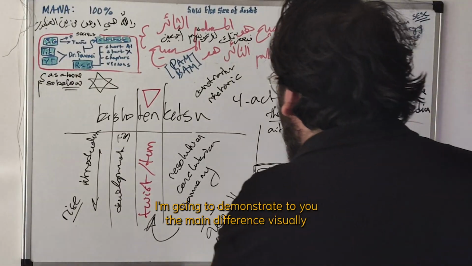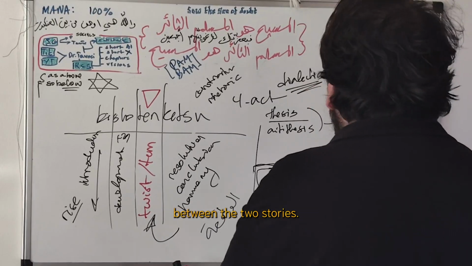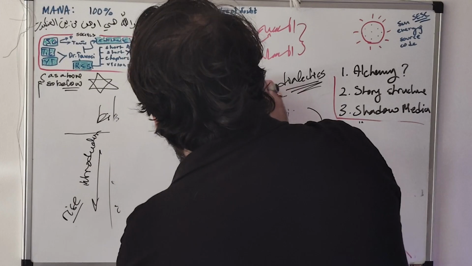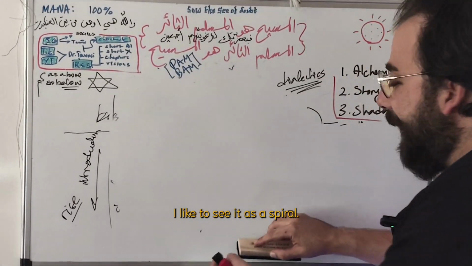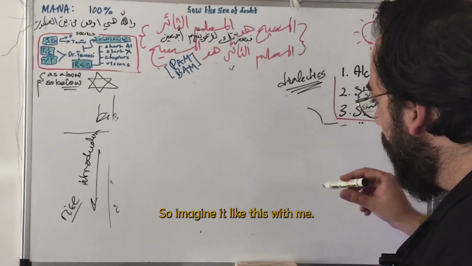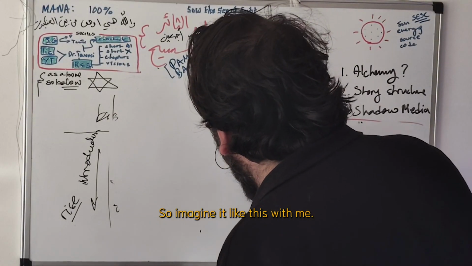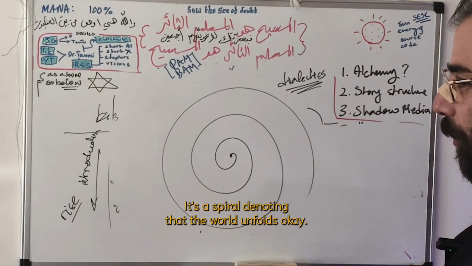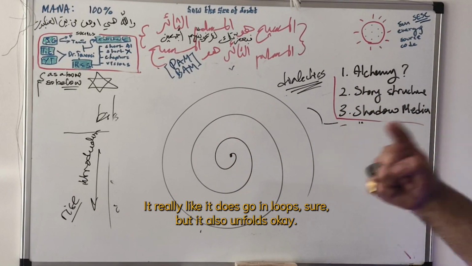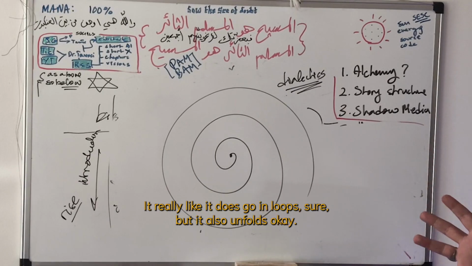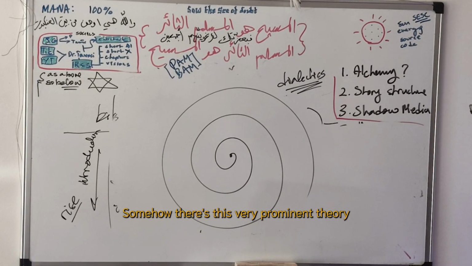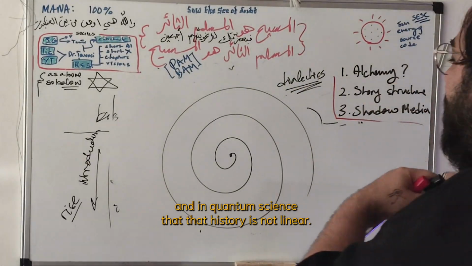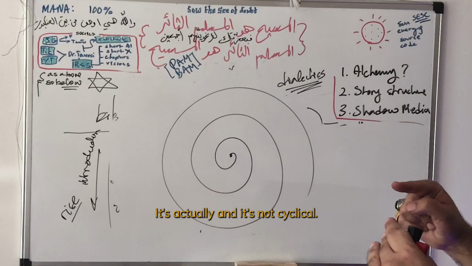I'm going to demonstrate to you the main difference visually between the 2 stories. If we said that Dan Harmon worked with the story circle, I like to see Kishotenketsu as a spiral. So imagine it like this with me, okay? It's a spiral denoting that the world unfolds. It does go in loops, sure, but it also unfolds. There's this very prominent theory in quantum science that history is not linear, and it's not cyclical.